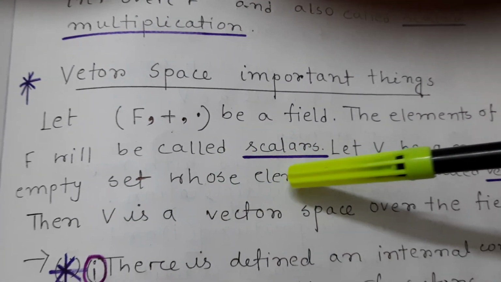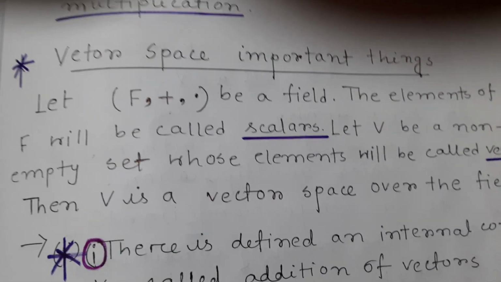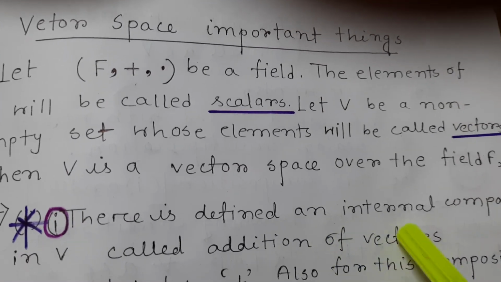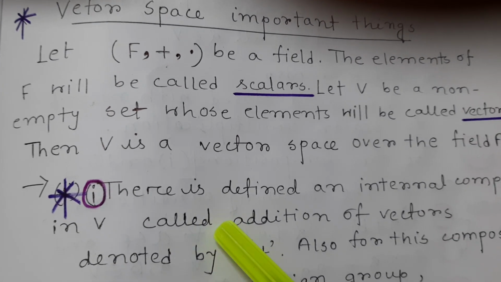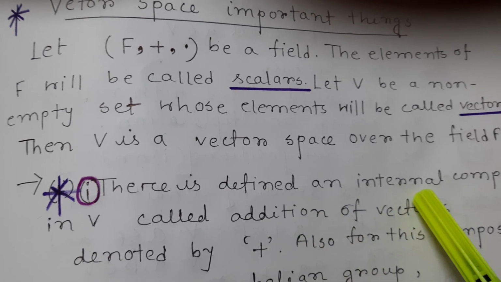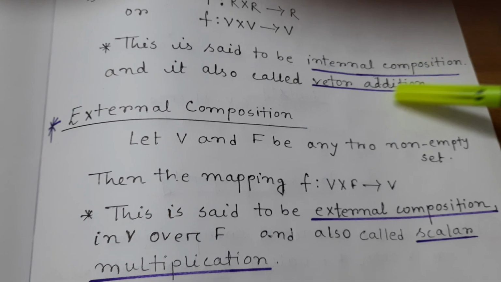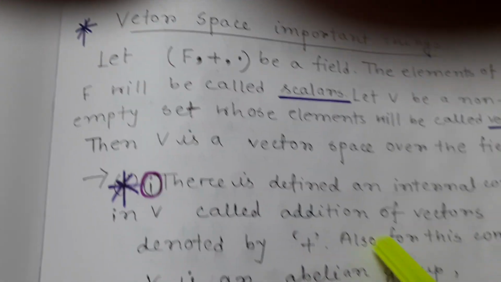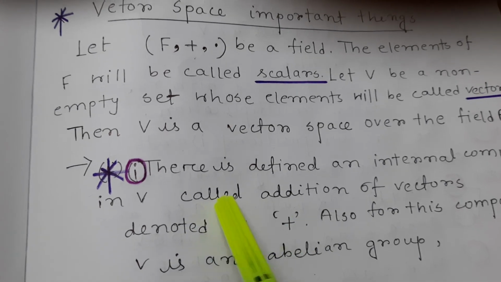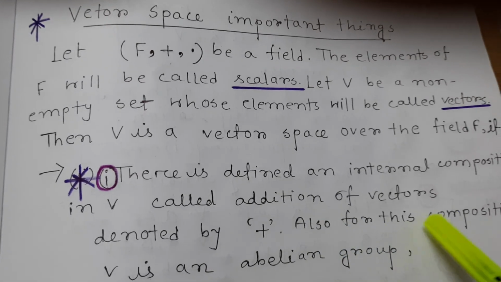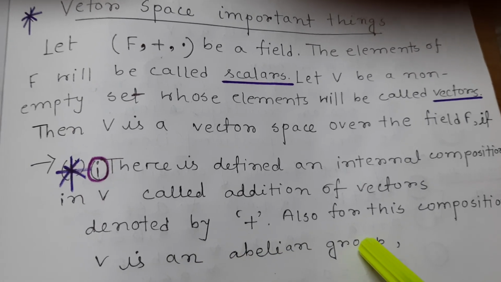Then V is a vector space over the field F if there is defined an internal composition in V called addition of vectors. We already know that the other name of internal composition is vector addition, and it is denoted by plus, okay, because it's addition. Also for this composition, V is an abelian group.